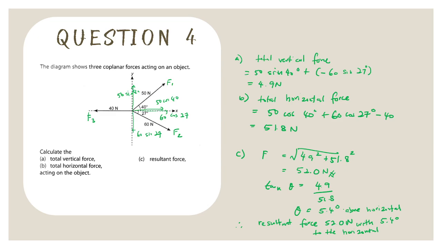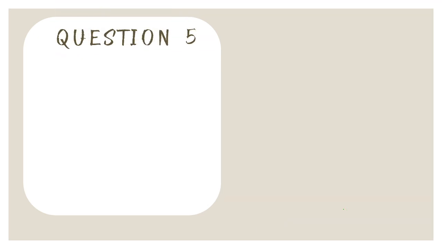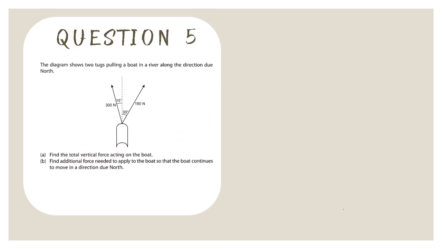Okay, so going to the last question, question number 5. Okay, the diagram shows two tugs pulling a boat in a river along the direction due north. Find the total vertical force acting on the boat. Okay, as usual, we're going to resolve all the forces. This is F1, this is F2.